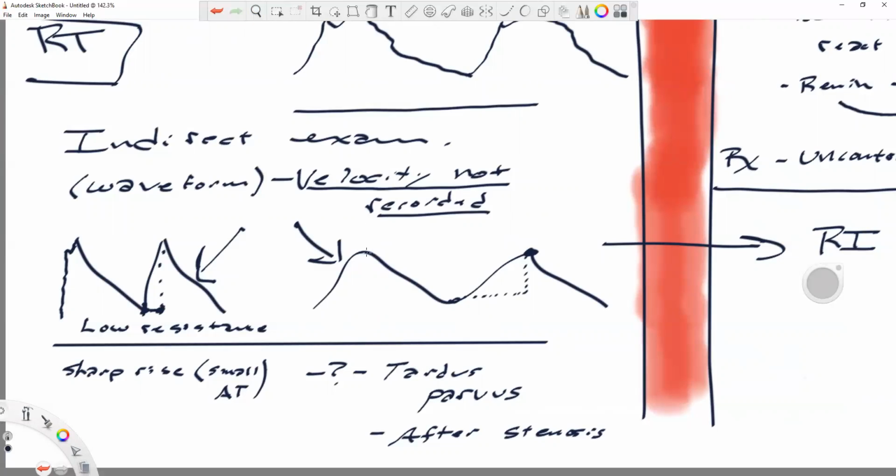So I said the RI, resistive index, is going to look at peak systolic velocity minus end diastolic velocity divided by peak systolic velocity again. It does not matter what the scale over here says for your resistive index.